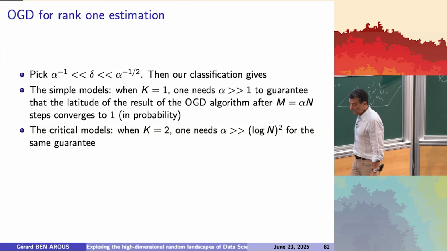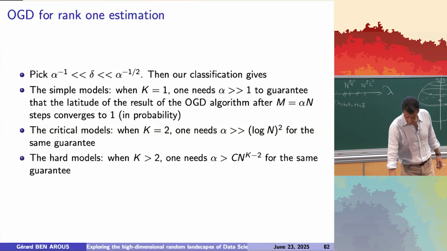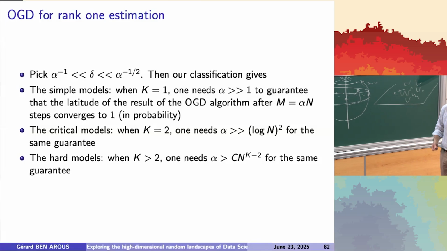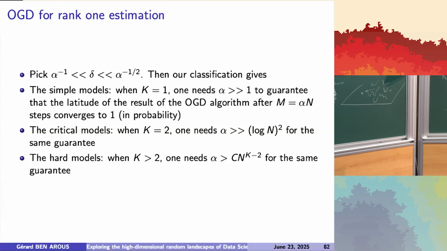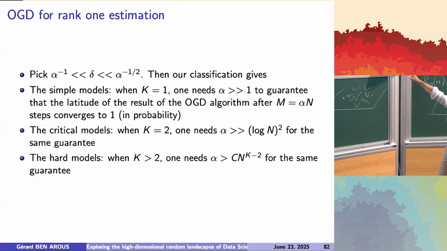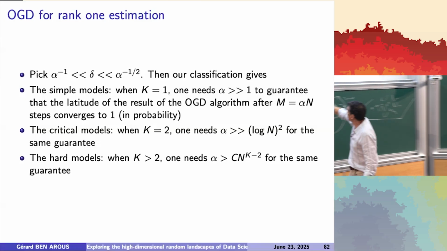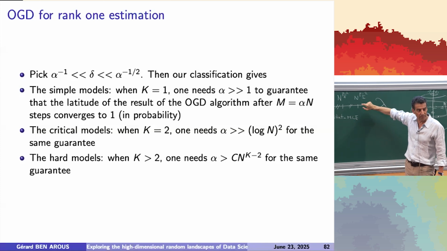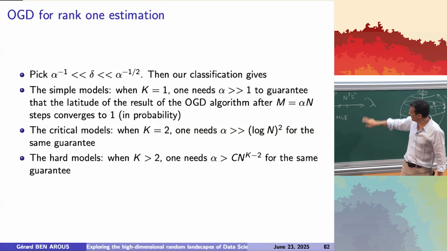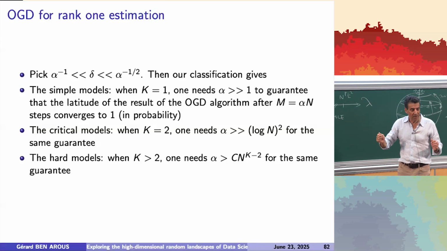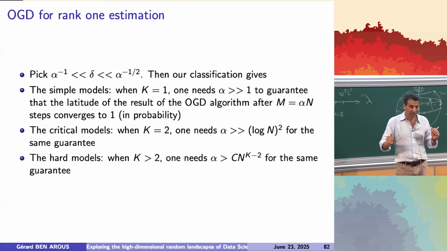When the information exponent is 3 or more, like we had in the spin glass or tensor PCA case, you need n to the k minus 2, which after a little transformation, with k being p, explains this n to the p minus 2. Maybe you don't remember why there is a square root, but I was saying the signal to noise ratio, in order to get it in terms of the data size, had a square root of m.